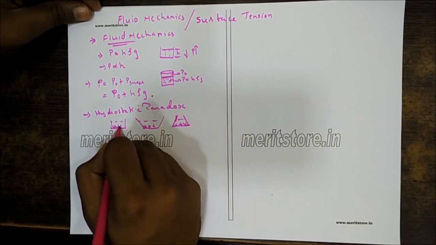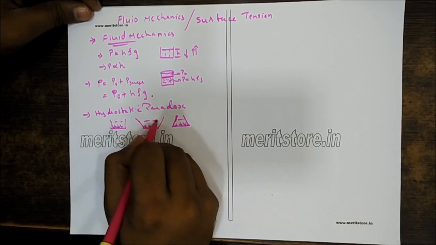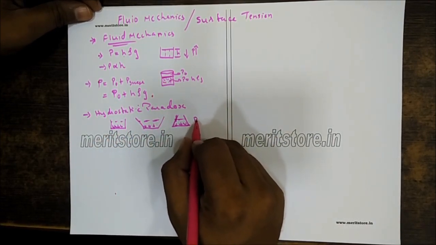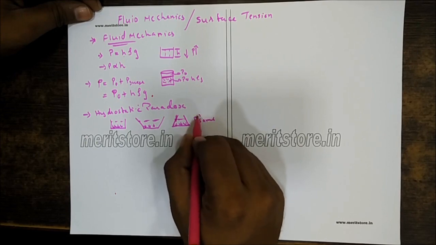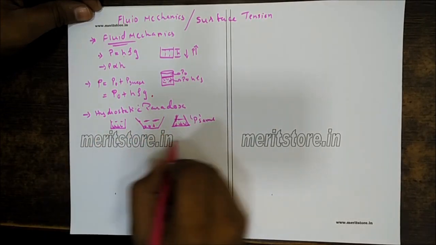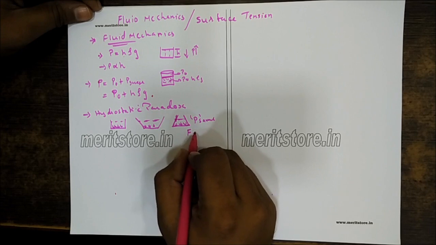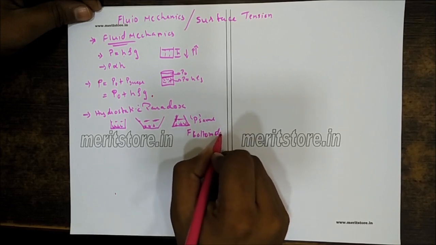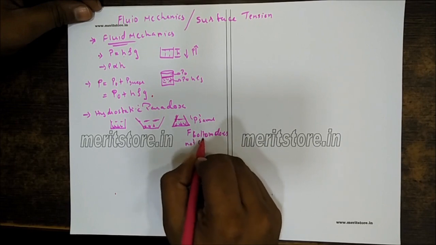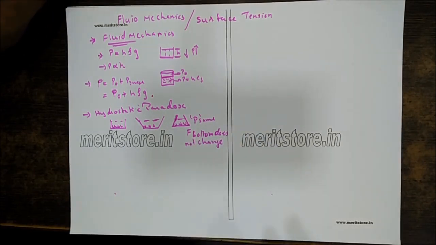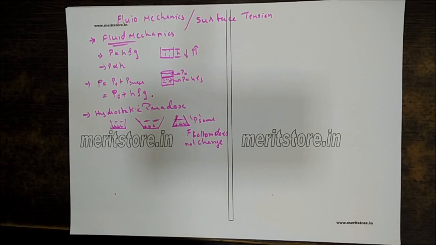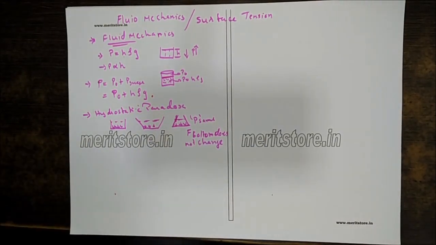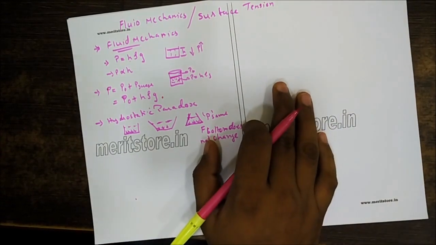So if the level of liquid is the same in all the containers, pressure will be the same, hence force acting at the bottom will all be the same. Force at the bottom does not change. So pressure does not change with the shape, size or weight of the liquid. It only changes if the height of the liquid column changes.